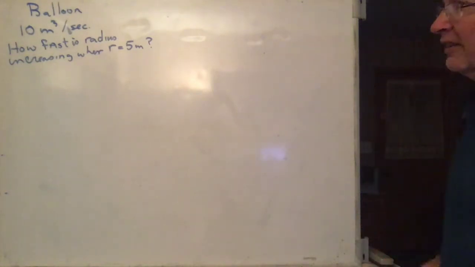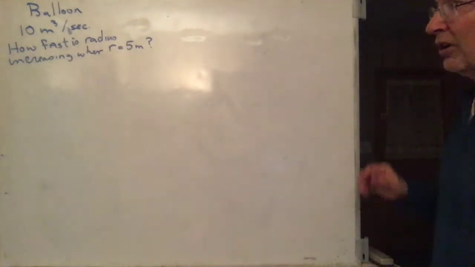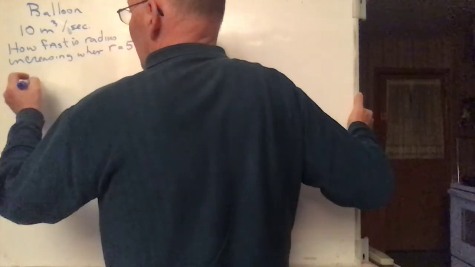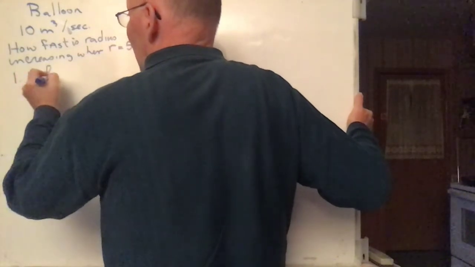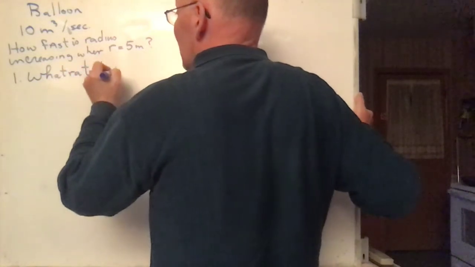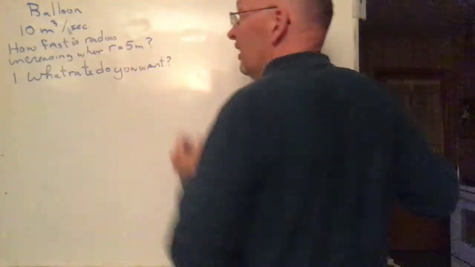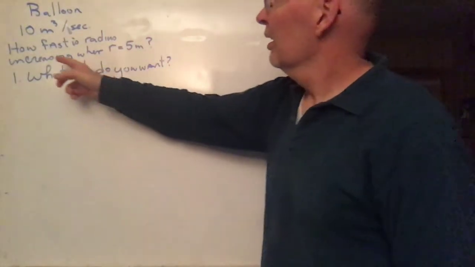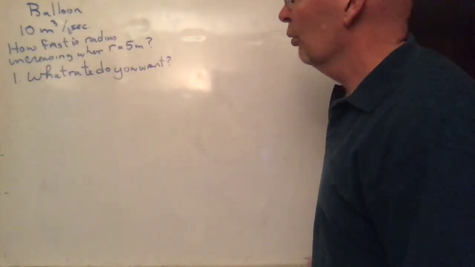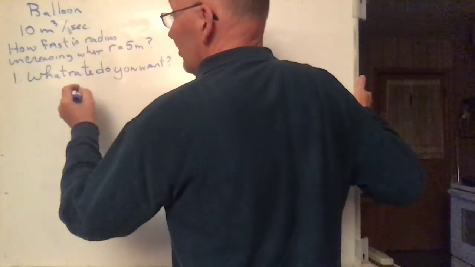Another reason I like these problems is because there's a very standard way to do them, which works for all of them. So it's kind of cool. Here's the first question. You ask, what rate do you want? In this case, the rate we want is how fast the radius is increasing.